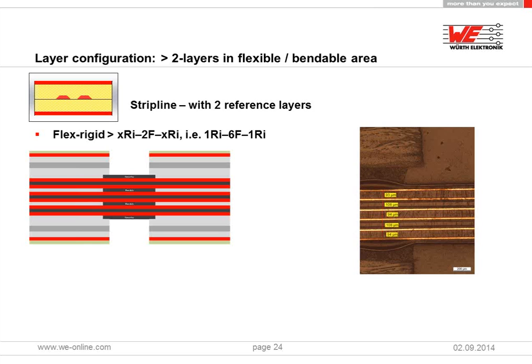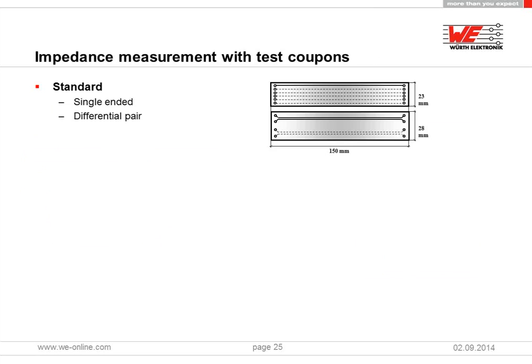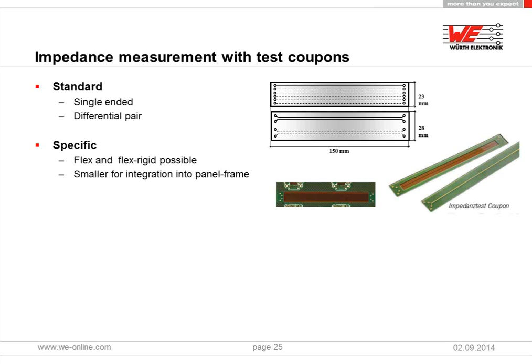There are standard test coupons, like you can see here, using single-ended lines or differential pairs. But we can also use specific test coupons, for example flex and rigid-flex test coupons, or smaller test coupons for integration into a panel frame, which saves a lot of area in the production panel and thus saves money, of course.